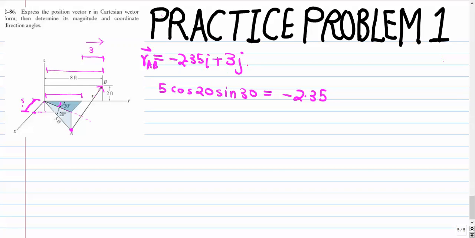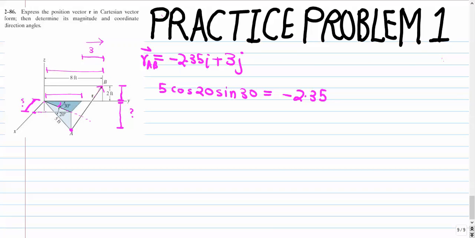Alright, lastly we need the length measurement along the z-axis. To find that, we can see that they have given us half of the length that we need. That is, they have given us the length of vector AB above the y-axis, which is 2 feet, but they haven't given us the length below the y-axis. And we can find this length, the one below, using these angles. And notice that we can simply find that length by just using the trigonometric identity, which is 5 feet sine of 20 degrees.